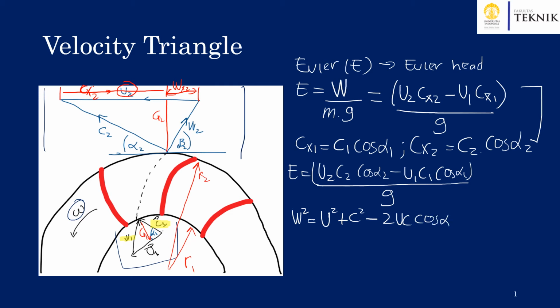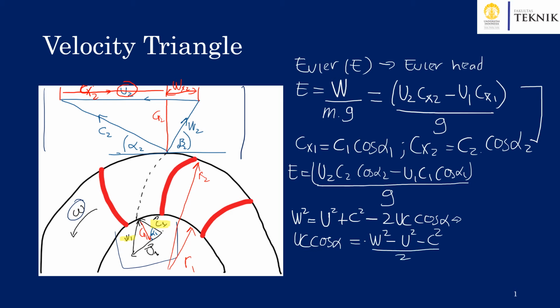Or we can write it from this equation, U C cos alpha equal to W to the power of 2 minus U to the power of 2 minus C to the power of 2, divided by 2.